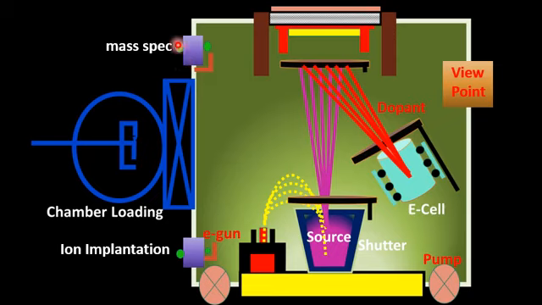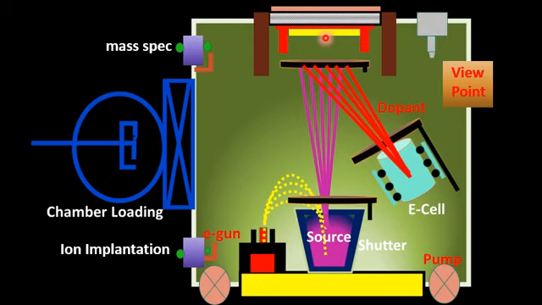The mass spectrometer is used in MBE to monitor the mass of the gases inside the reaction chamber. By monitoring the mass of the flow of gas inside the reaction chamber, the thickness of the film on the surface of the substrate is monitored.